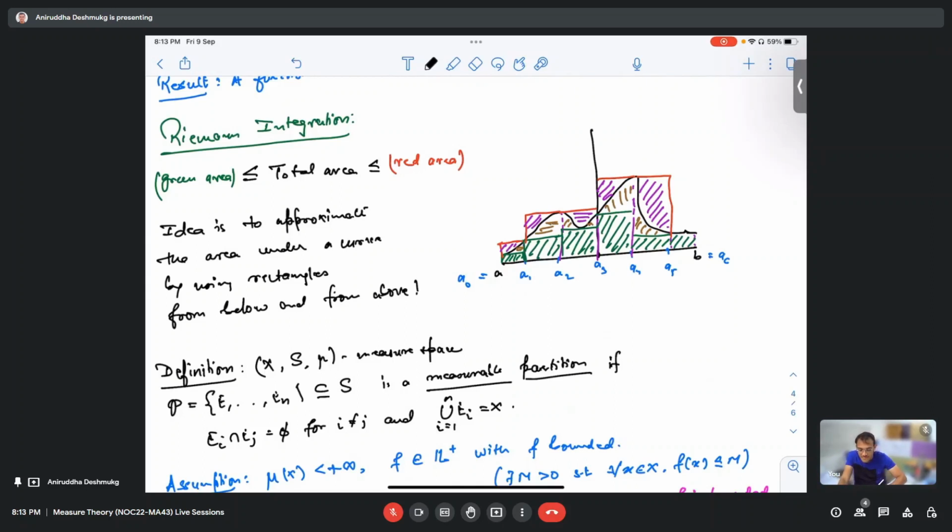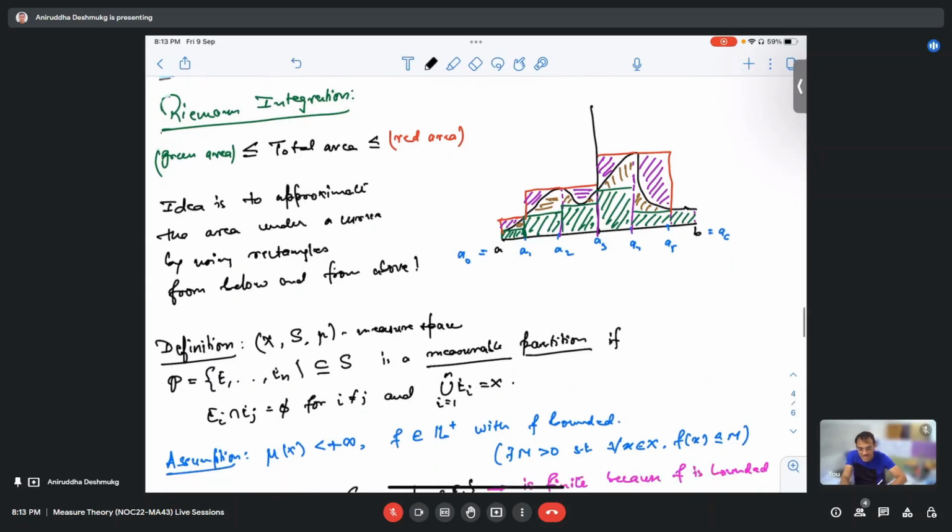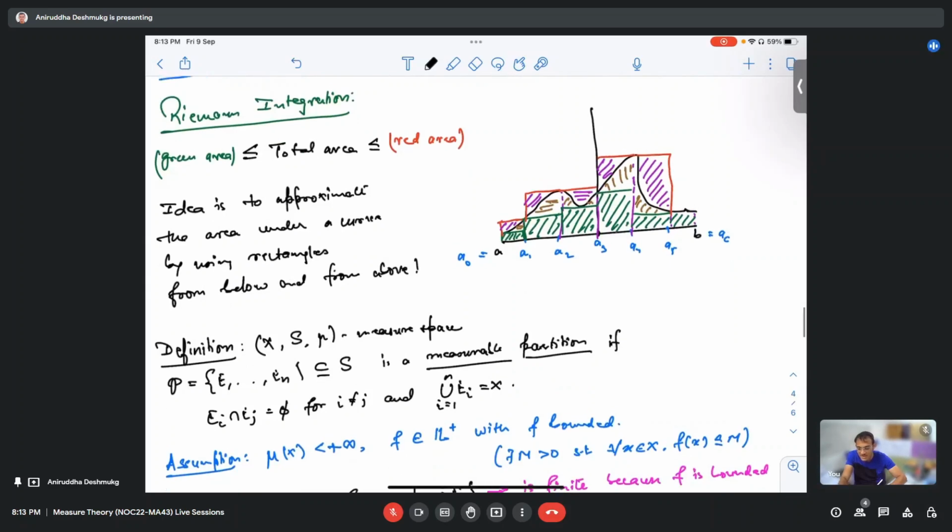The way we have defined the integration of a measurable function is just the extension of the Riemann integration, so it is a natural way to define it. That is what I want to say.